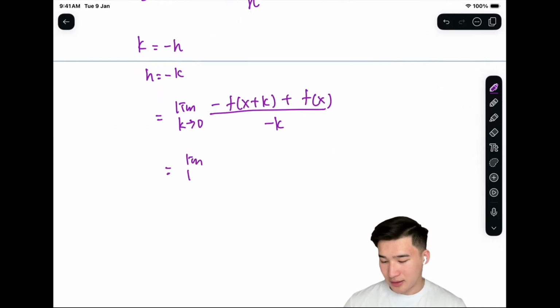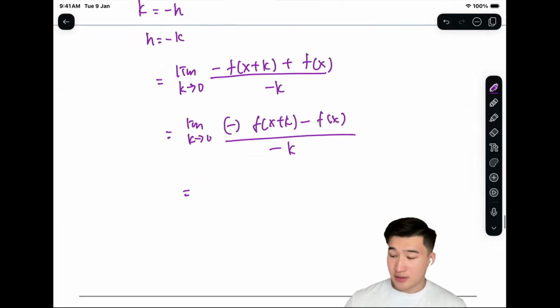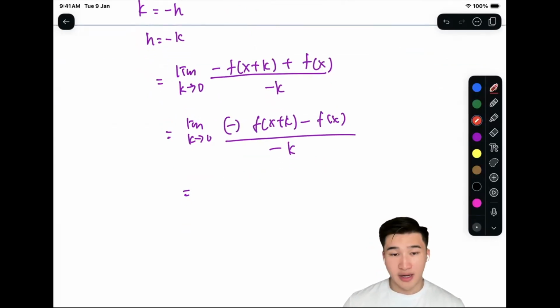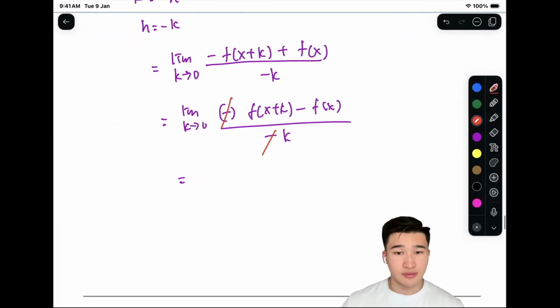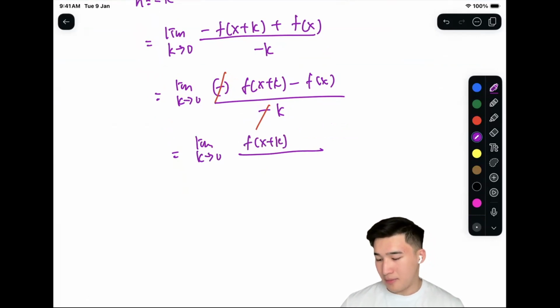And so with the limit k approaching 0, we can take the negatives from here. We're going to have f(x plus k), and now we can minus our f(x), and then we also have negative k here. Negative over negative, just cross them out. What you're going to get is limit k to 0 of f(x plus k) minus f(x) over k.